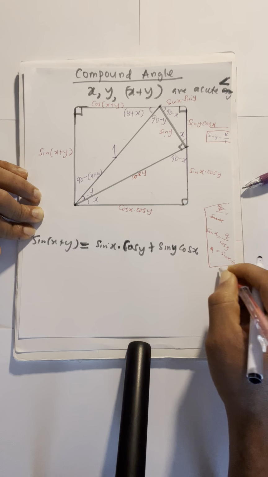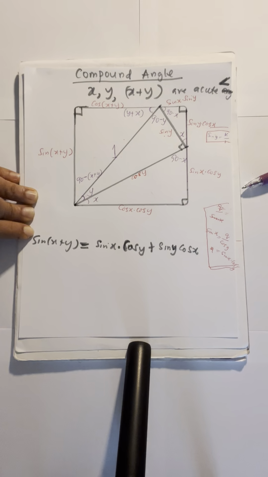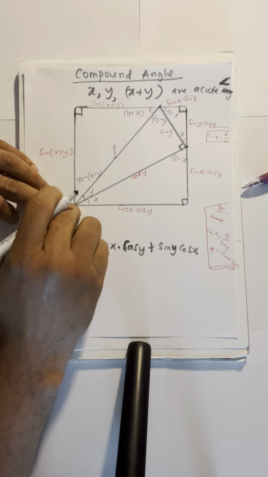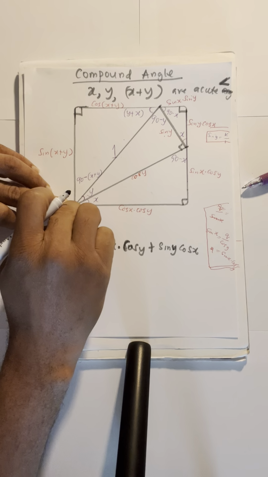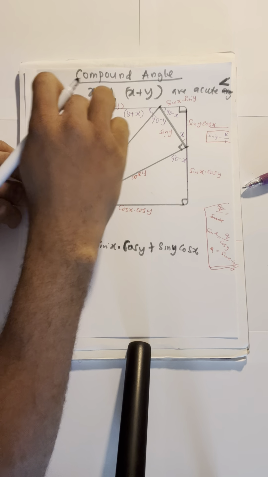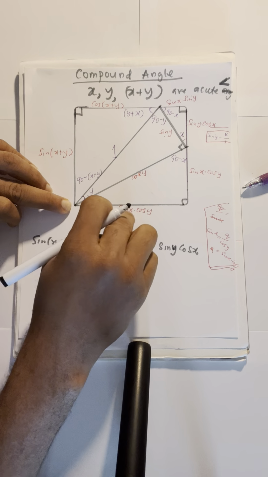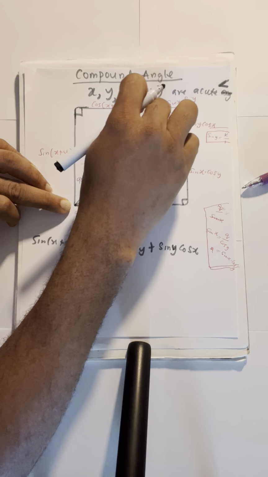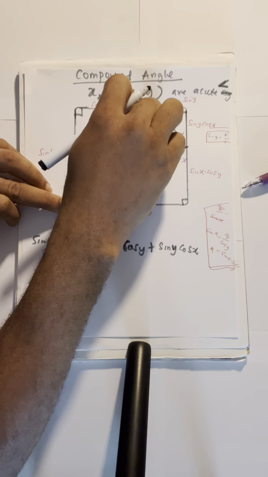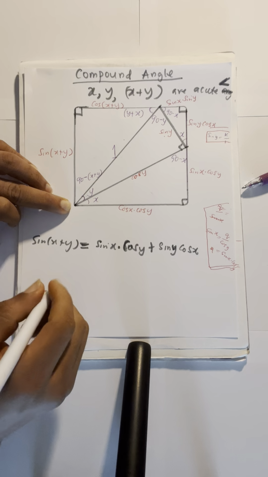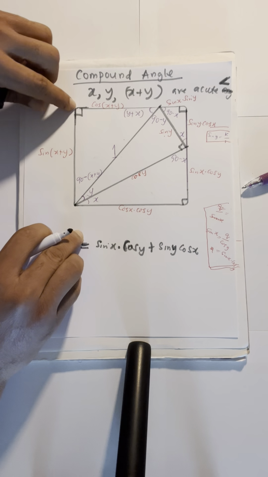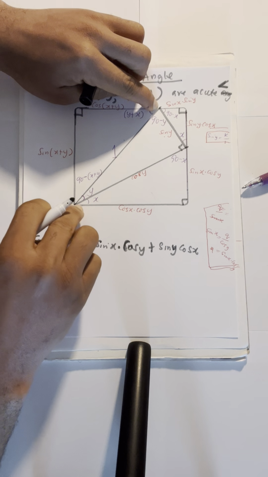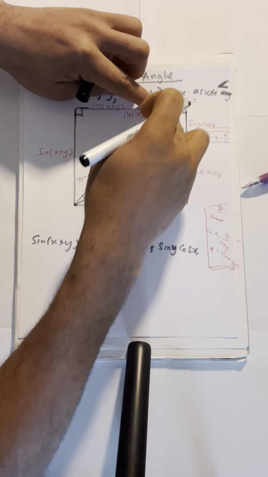The same thinking applies here. The length of this, cos x cos y, is equal to cos x plus y plus this length. So I can also say that cos x plus y is equal to this length minus this length.